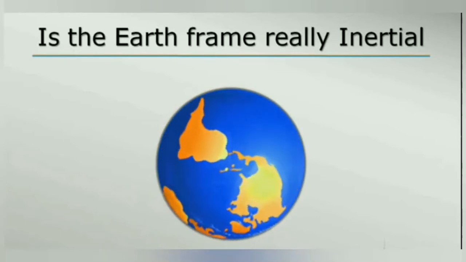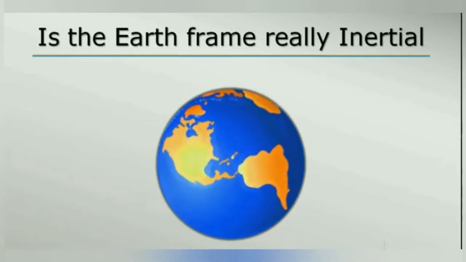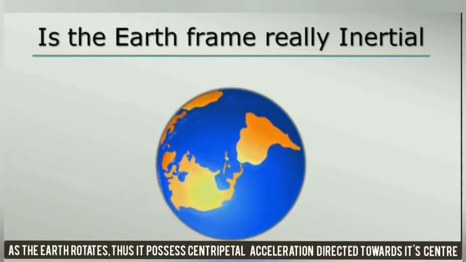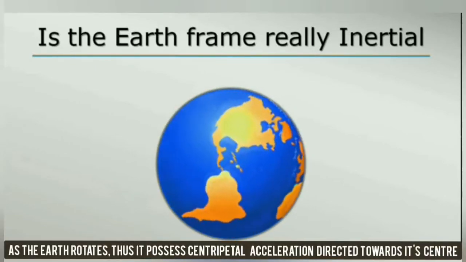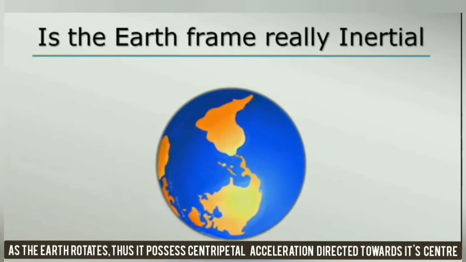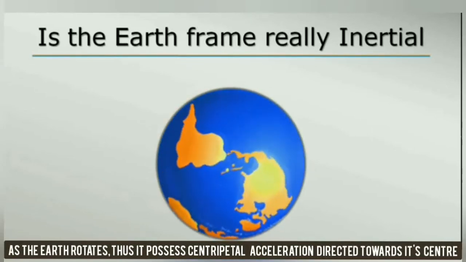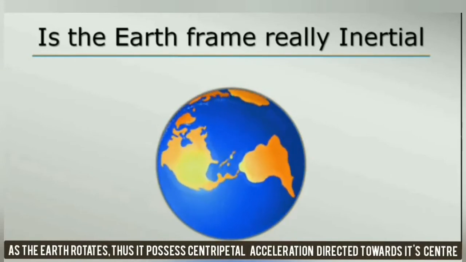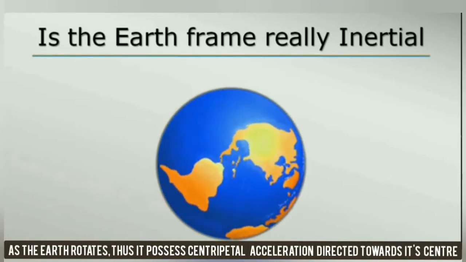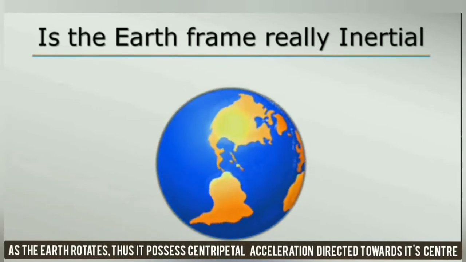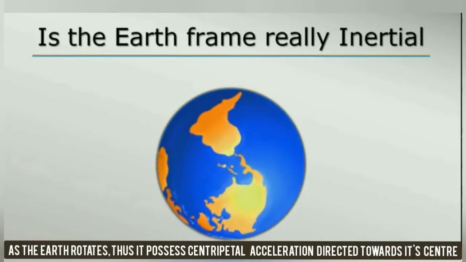We are aware that Earth rotates about its own axis, and the rotation causes acceleration. And Earth rotates about its own axis with an angular speed omega, which is 2 pi by capital T. Capital T is the time period, that is the time taken by the Earth to complete one rotation, which is approximately 24 hours.